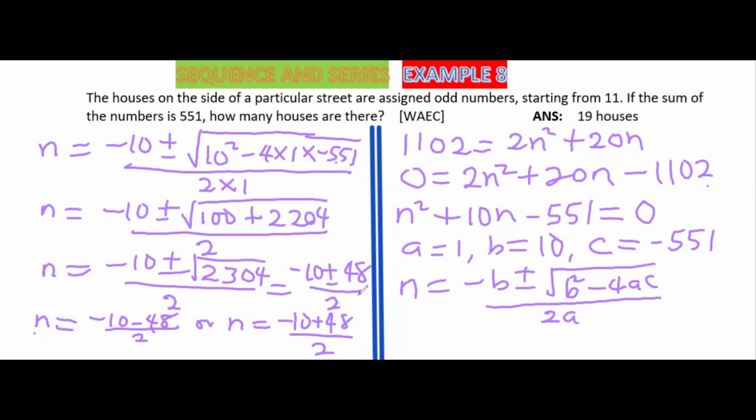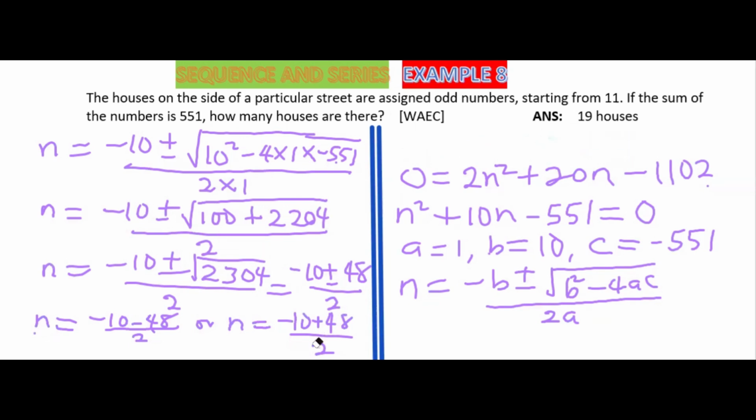The reason being the fact that we have plus or minus here. You can first take care of the positive, or if you like, first take care of the negative like we did here. Negative 10, negative 48 over 2, that's this, or negative 10, positive 48. So that's what we have there.